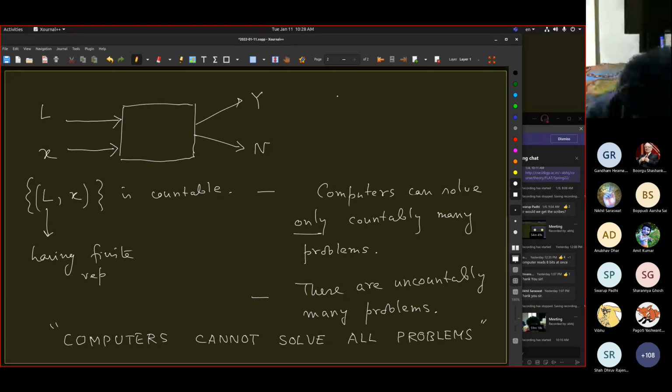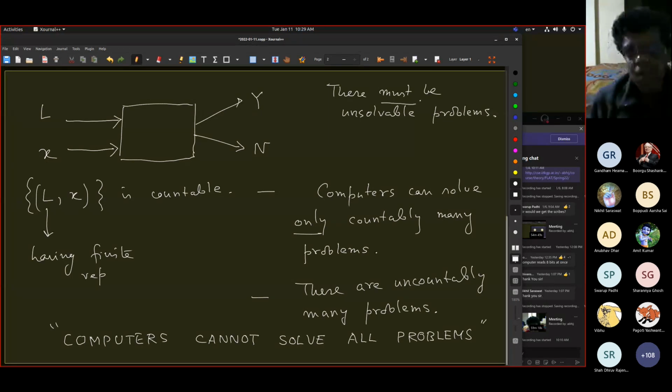So there must be unsolvable problems. Irrespective of how powerful your computer is, there must be unsolvable problems. Near the end of this course, we will see many such unsolvable problems, which no machines can address.